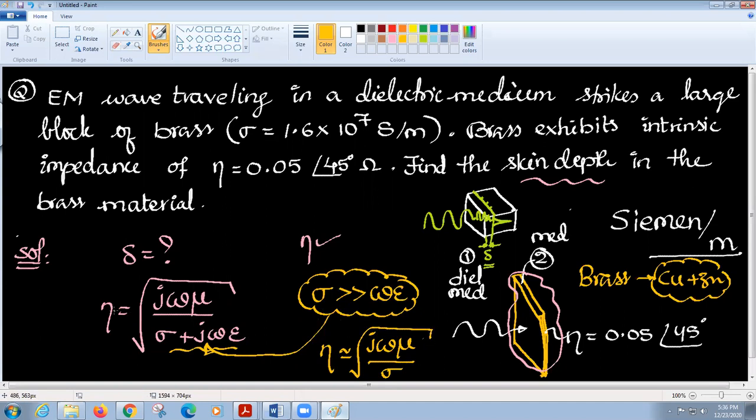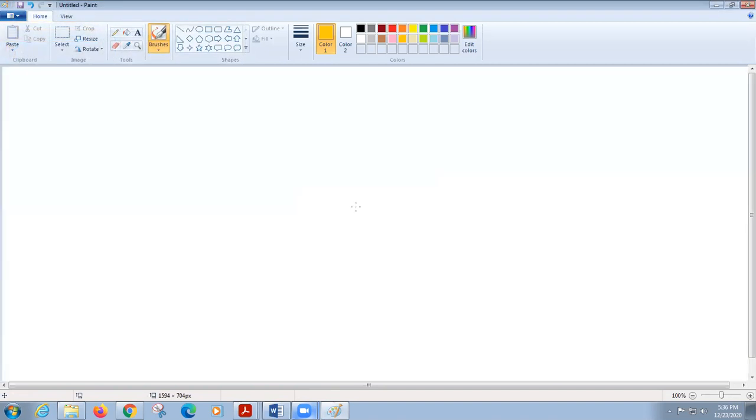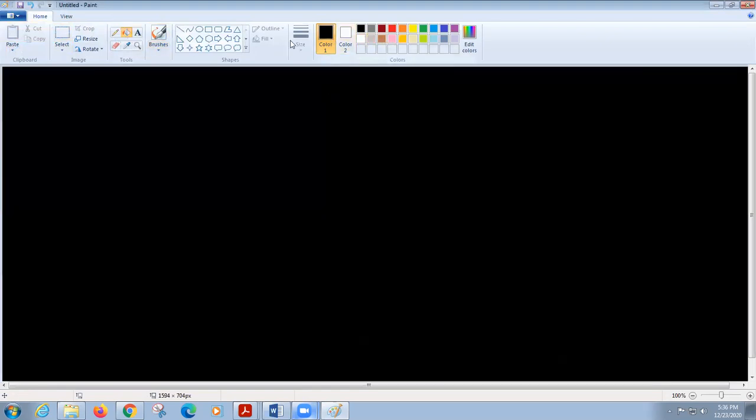Knowing this eta, let me give it equation 1. I take my eta equal to j omega mu over sigma, sitting inside a square root.